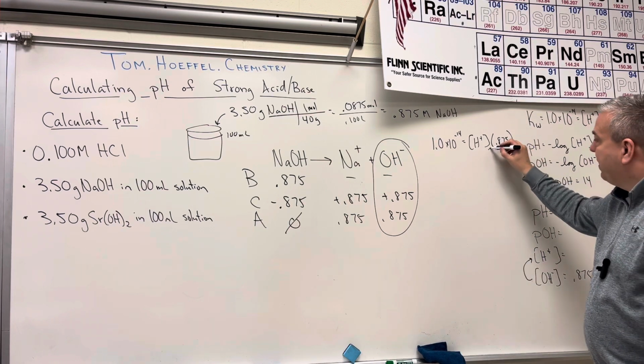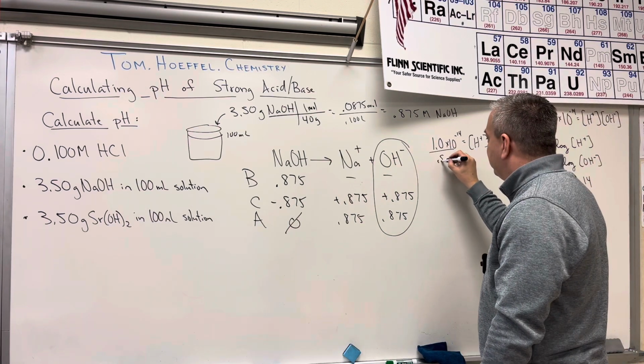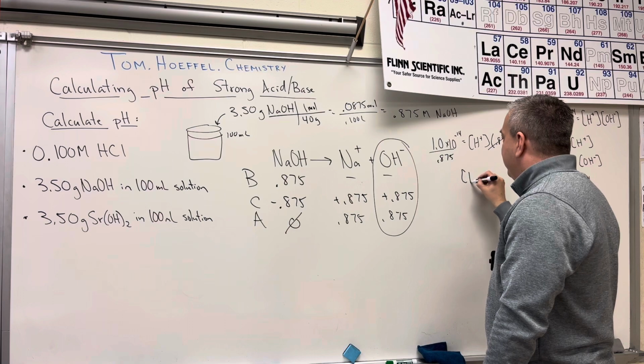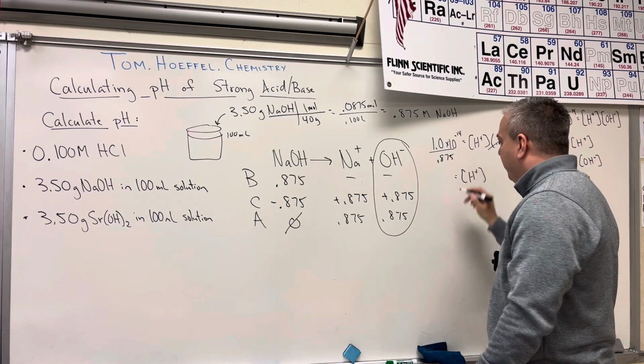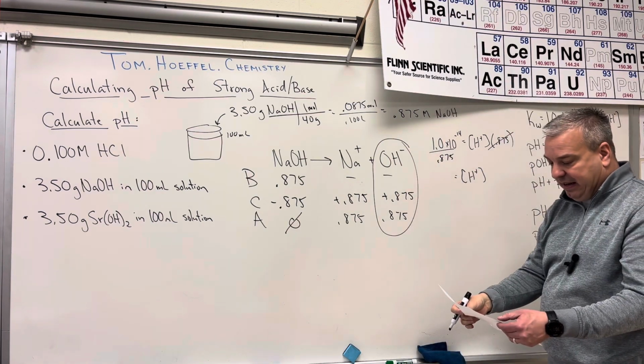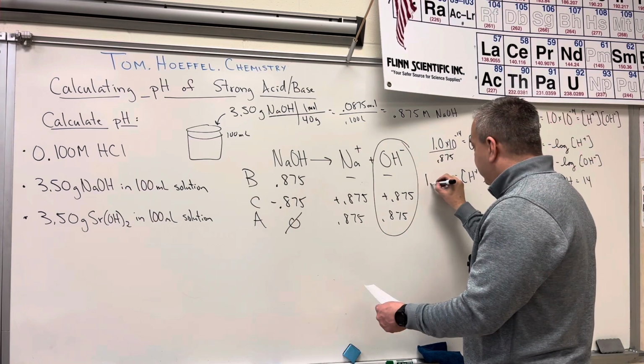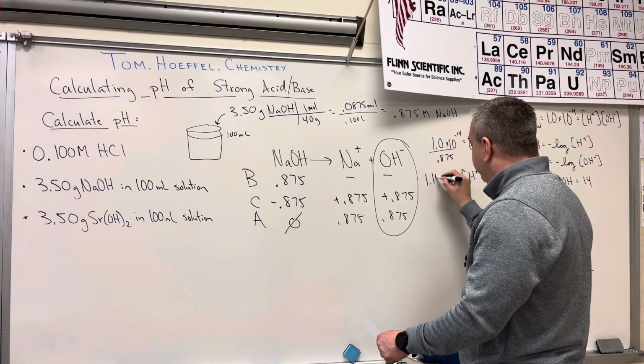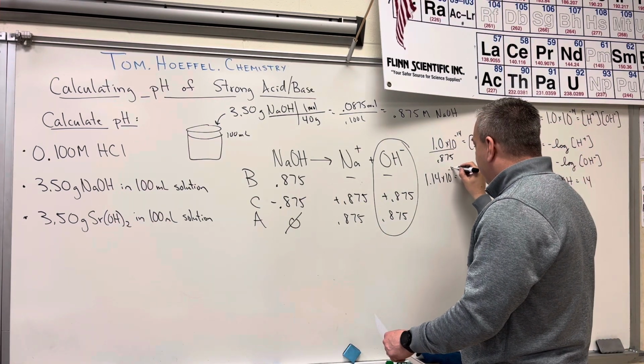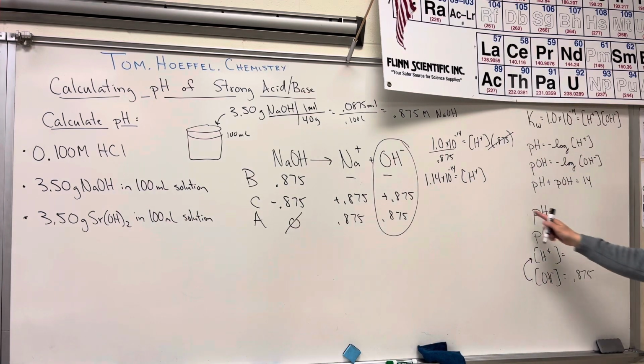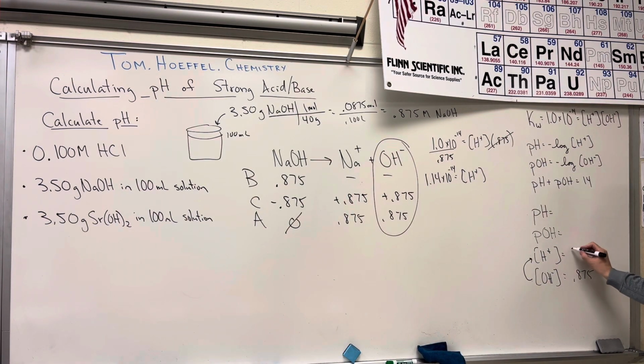So I'm going to divide by 0.875 on both sides, and that's going to give me the concentration of the protons as being equal to 1.14 times 10 to the negative 14.